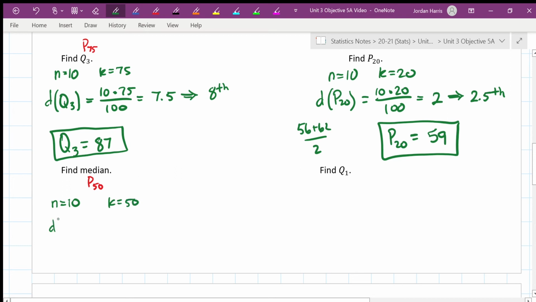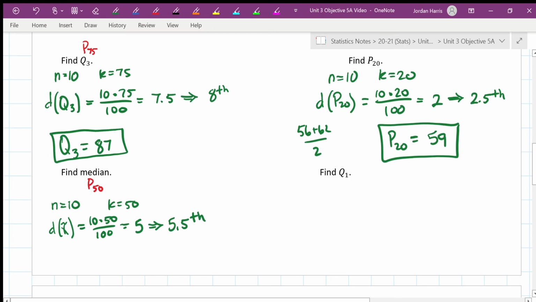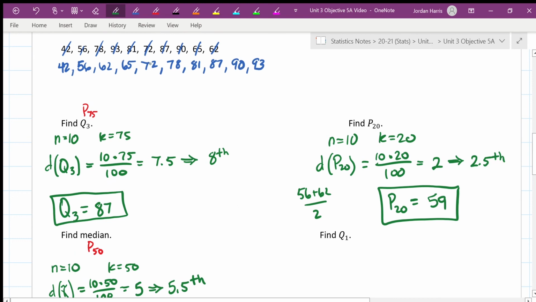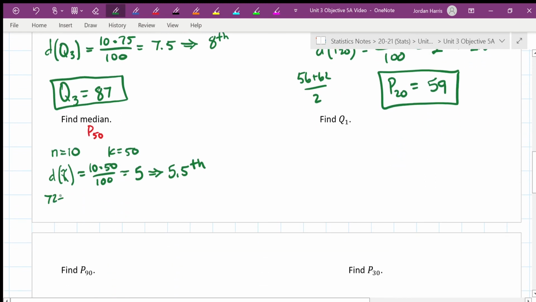So the depth of the median is 10 times 50 divided by 100, which is 5. It's a whole number, so 5.5, halfway between the 5th and 6th term. 1, 2, 3, 4, 5, 6: 72 and 78. It's halfway between 72 and 78. So my median, halfway between those two, is 75.